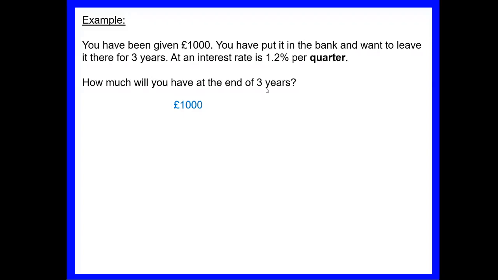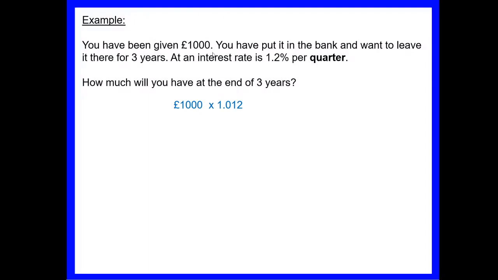So an increase, remember we have 100%. We want to add on 1.2, so that's 101.2%. Change that to a decimal multiplier by dividing by 100, and we have 1.012.